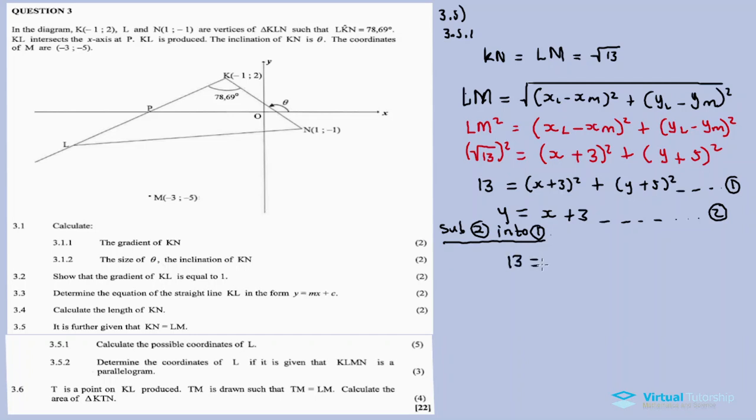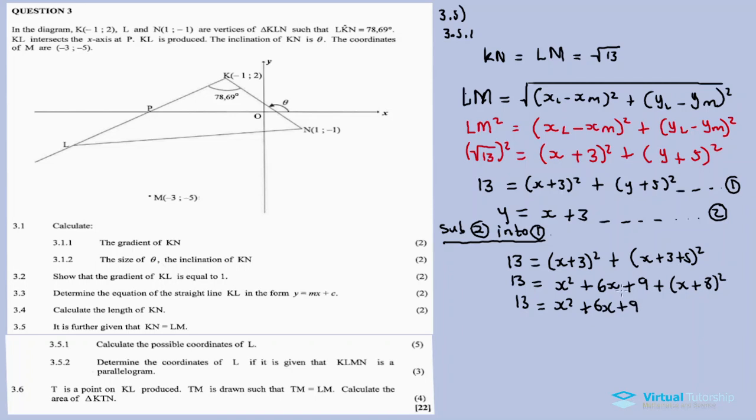So 13 equals x plus 3 squared plus x plus 3 plus 5 squared. Then I simplify this bracket: x squared plus 3 times x is 3x times 2, so 6x plus 9. Then we get x plus 8 squared, 13 equal to. This is just basic algebra.